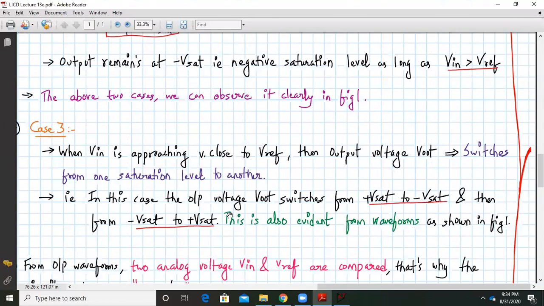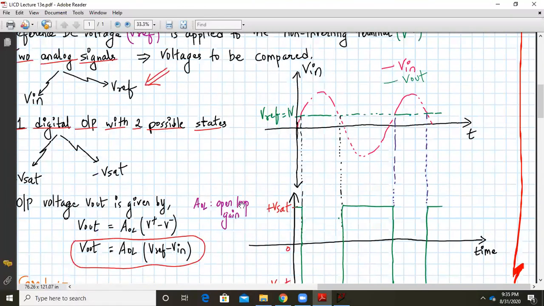So case number 3 is when V in is approaching very close to V reference, the output voltage V out switches from one saturation level to another. Your output voltage switched from plus VSAT to minus VSAT first, and then from minus VSAT to plus VSAT, which we have already observed over here.